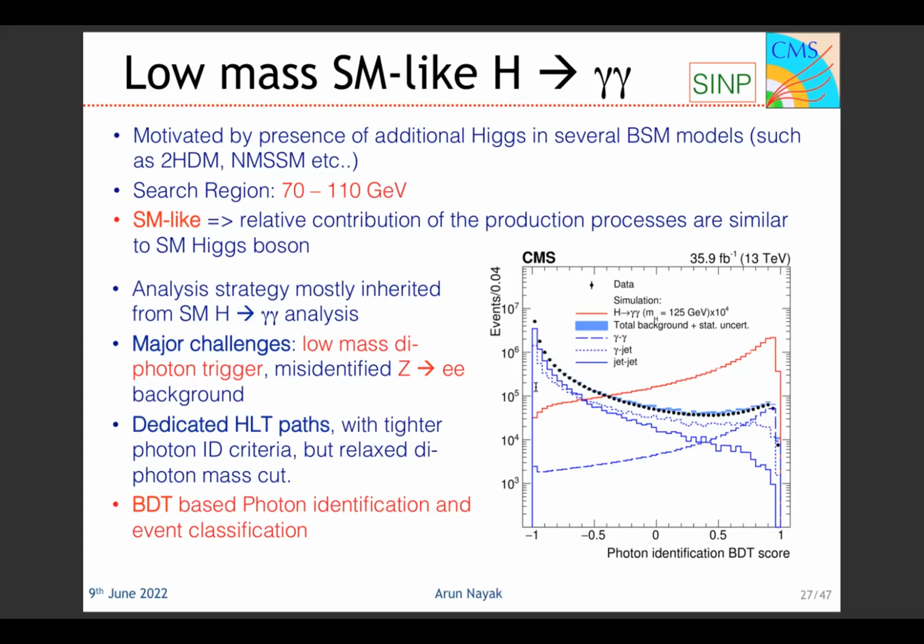As you have seen probably yesterday, and maybe today, the identification of the photons is done using a BDT-based multivariate method, and there is a lot of contribution that comes from the people working on identifying the photons, and for a long time they have been working on this.